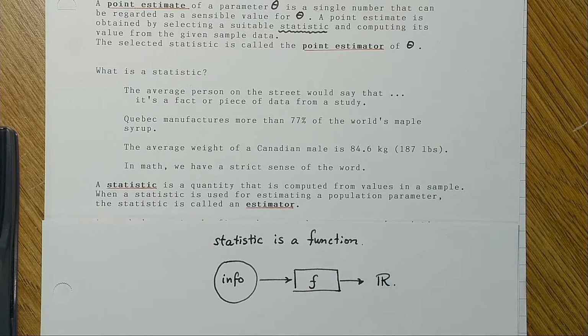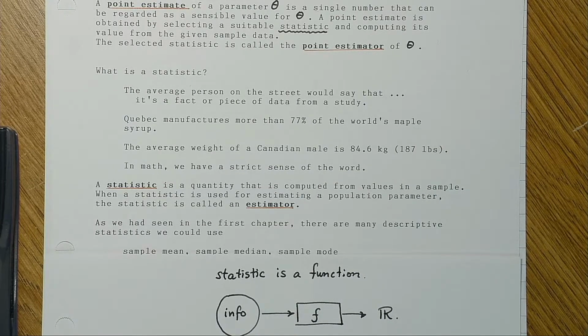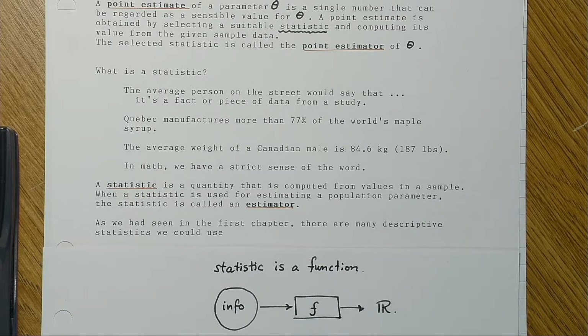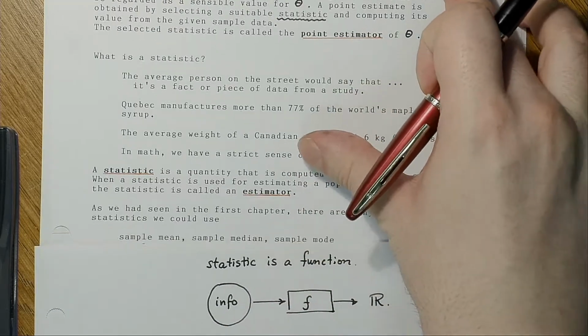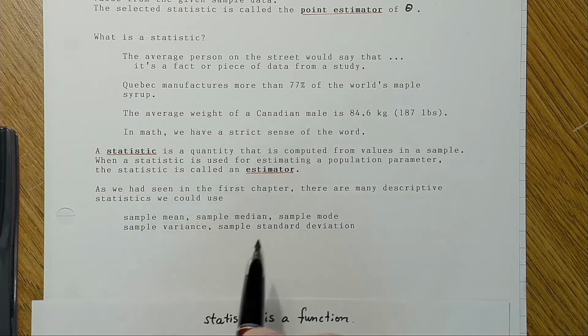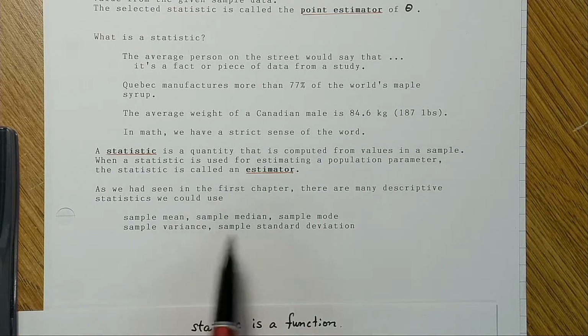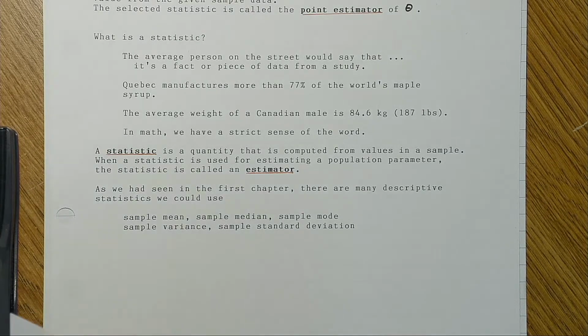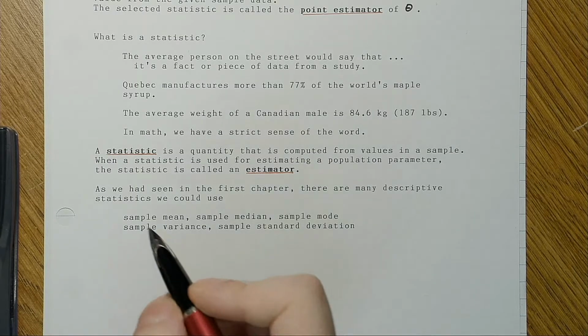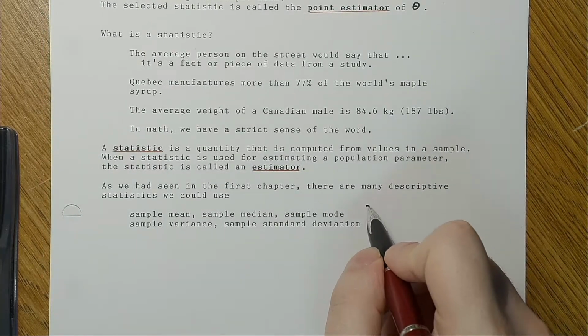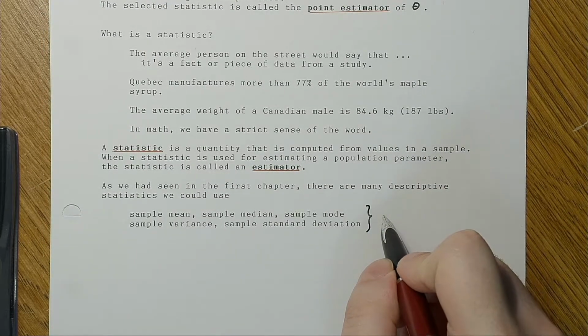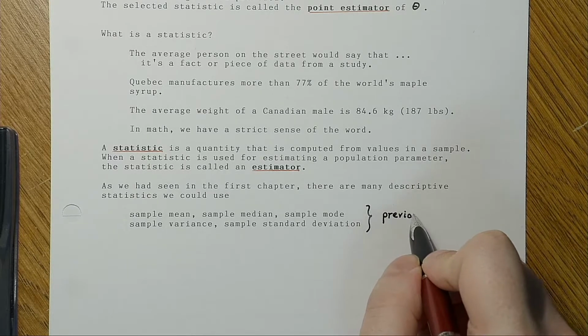We had seen this in the first chapter. There were many descriptive statistics that we could use. We had the sample mean, the median, the mode, the variance, the standard deviation. These were all things that we had seen, so you can look back to our previous chapters or previous lectures.